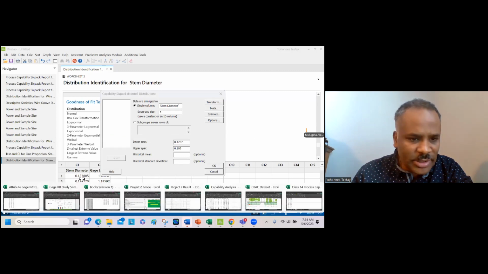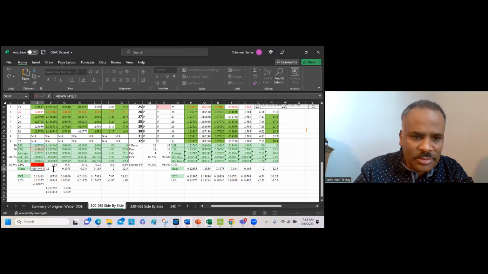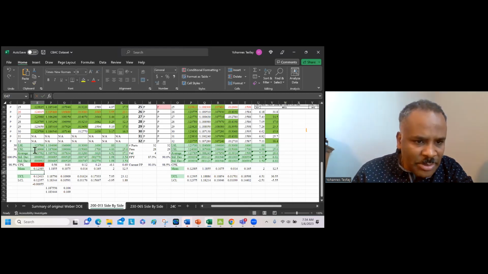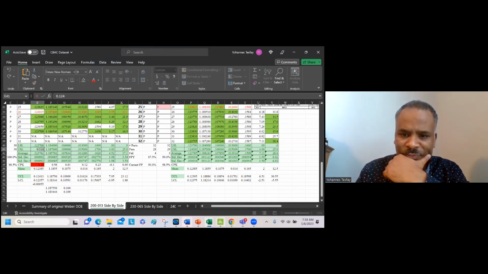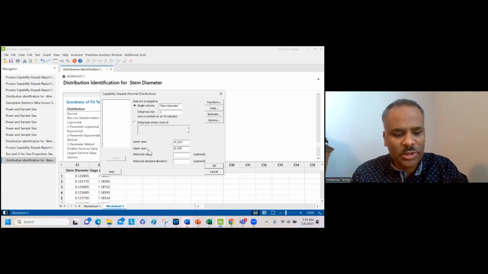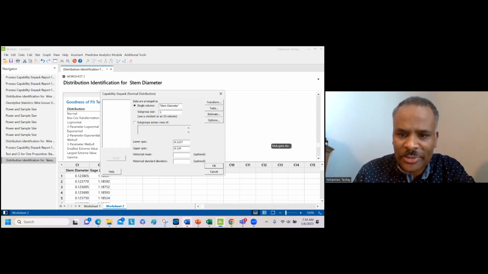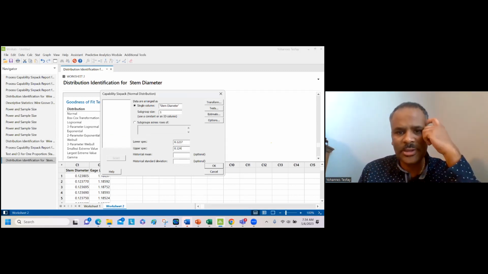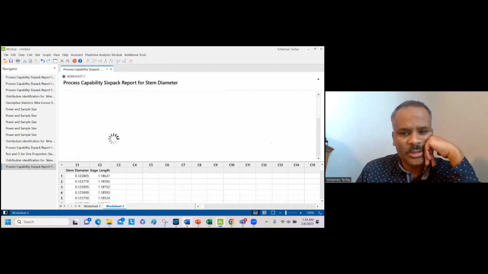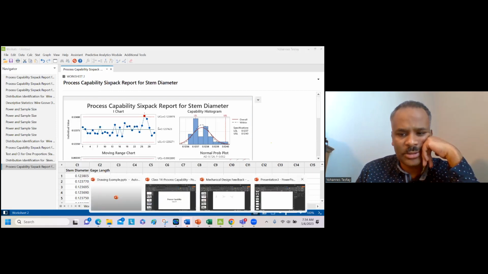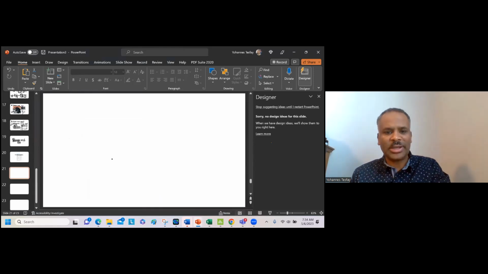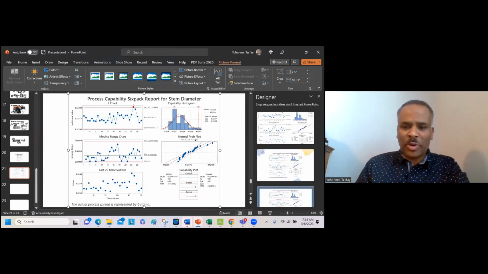And this is my upper specification limit. Just like that, then we're gonna say okay. So we're gonna copy the graph and put it here, just like that. So my probability is 0.52 now.